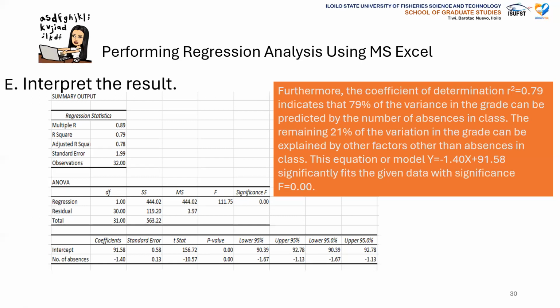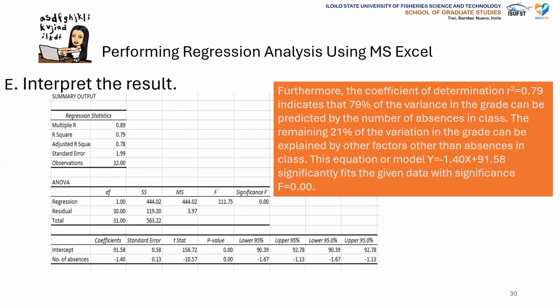The remaining 21% of the variation, since that is 100% minus 79%, is 21%. That remaining 21% of the variation in the grade can be explained by other factors other than absences.